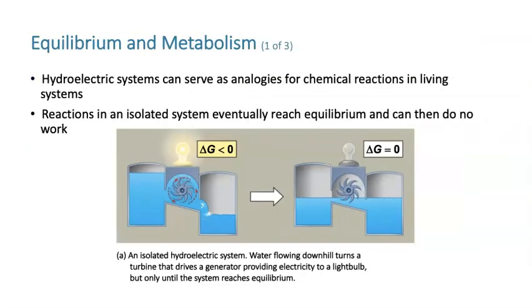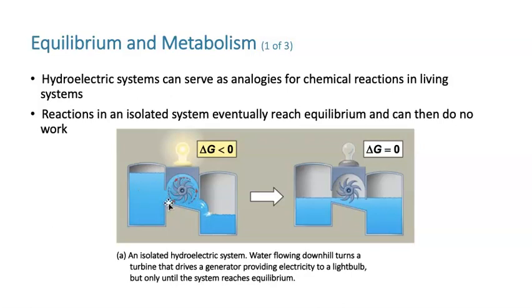A nice example of how to think about these reactions we can see in an example of a hydroelectric system. I don't know if you're familiar with hydroelectric dams, but you probably have seen water wheels, and that's somewhat similar to a hydroelectric dam. Hydroelectric systems are great analogies. So think about the amount of water that's on this side of the dam, this side of the turbine right here, the thing that's turning.